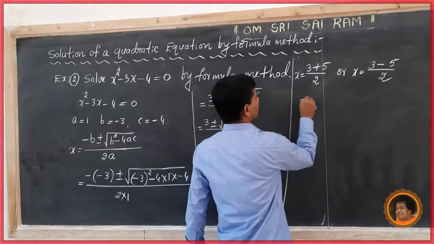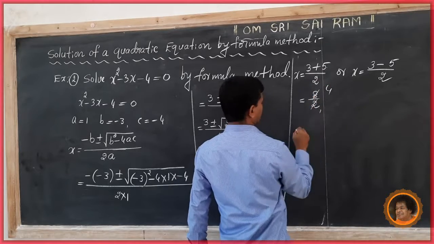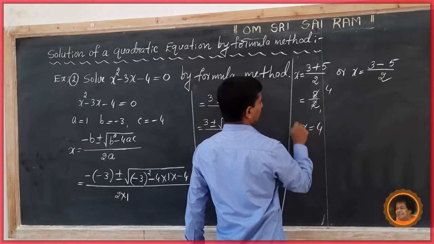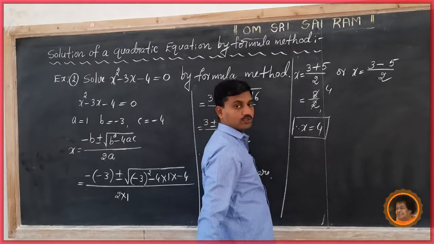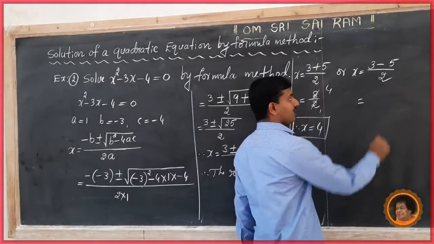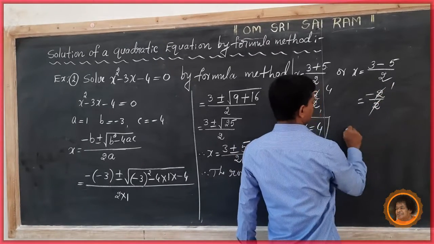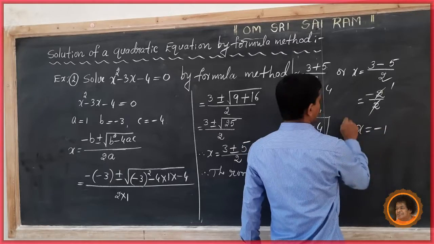Now simplify. 3 plus 5 is 8 divided by 2, 2 fours are 8. So therefore x equals 4. And here x equals 3 minus 5, minus 2 divided by 2, 2 ones are 2. So therefore x equals minus 1.